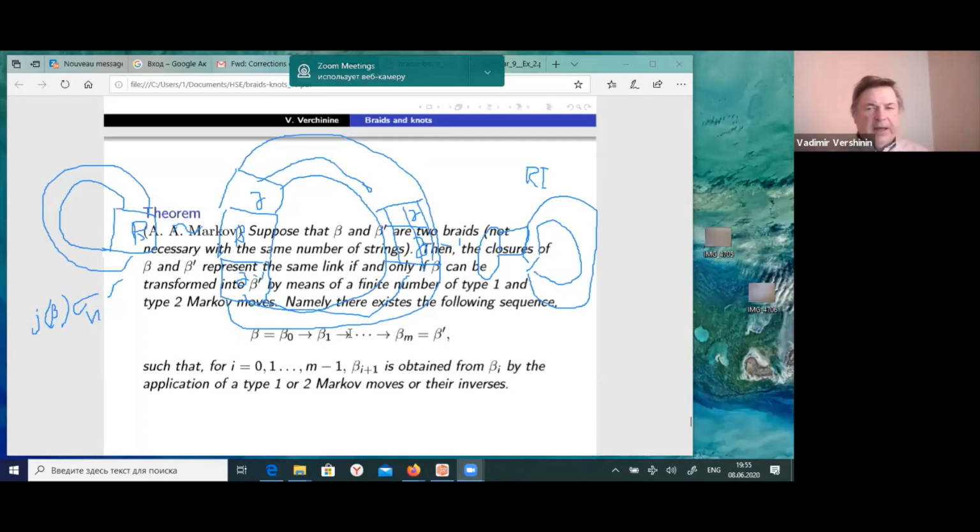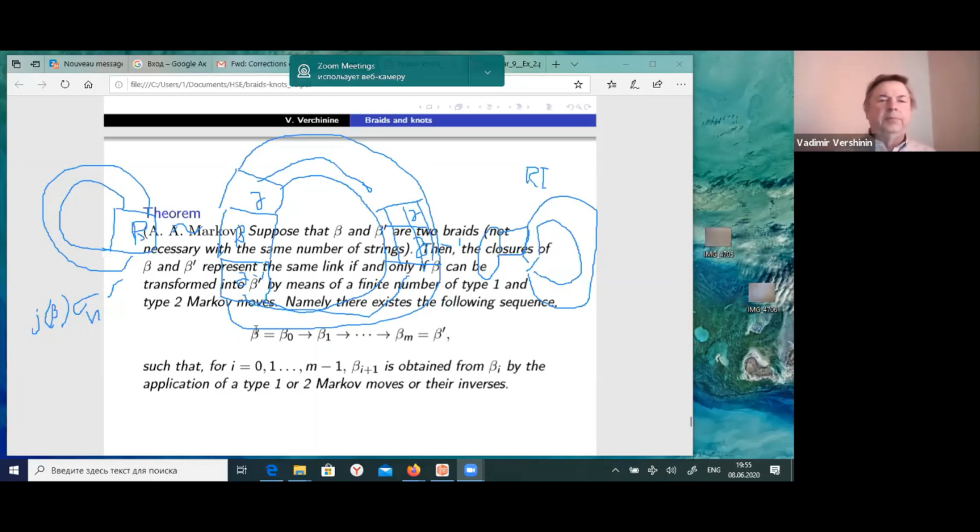If you apply the first Markov move, the conjugation, then you'll have the same number.